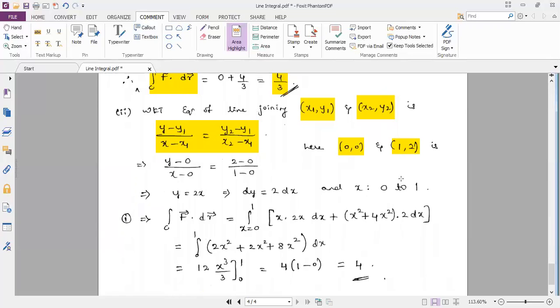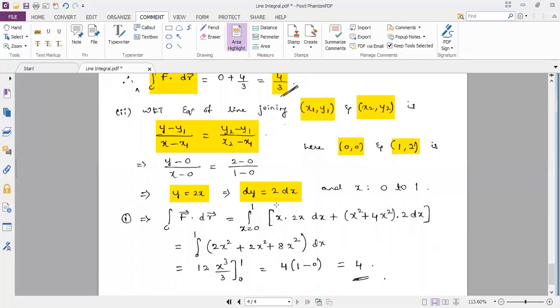Substituting these points x1 y1 x2 y2 respectively in this formula for the equation of a line joining 2 points, we get the expression simplifying as y is equal to 2x. So this is the equation of the line joining 0 0 and 1 comma 2. Since y is equal to 2x, dy will be equal to 2 into dx.